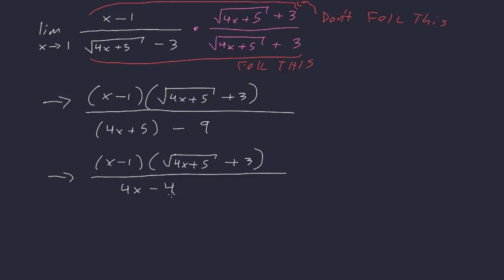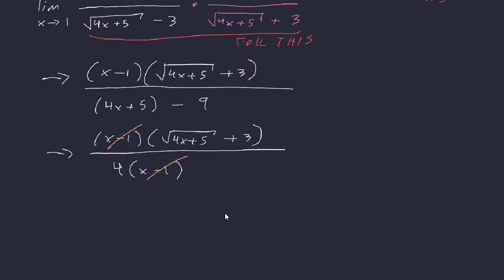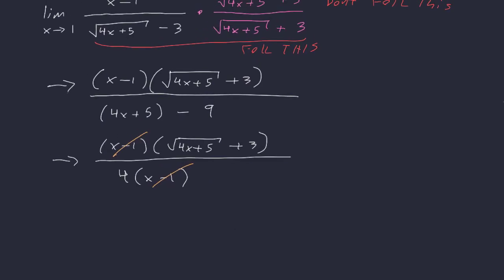And we can actually factor out the 4. Let me go ahead and do that. So we'll get 4 times x minus 1, and there it is. The x minus 1's cancel. Okay, and then we're left with just the square root of 4x plus 5 plus 3 all over 4.